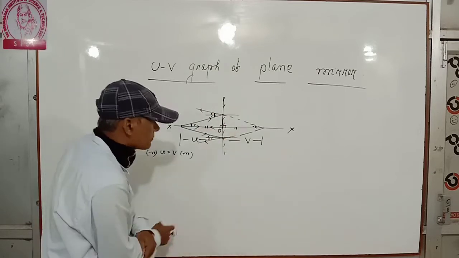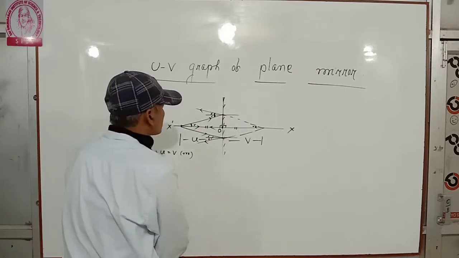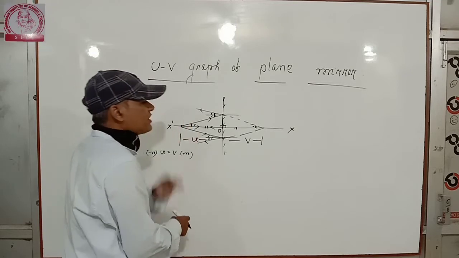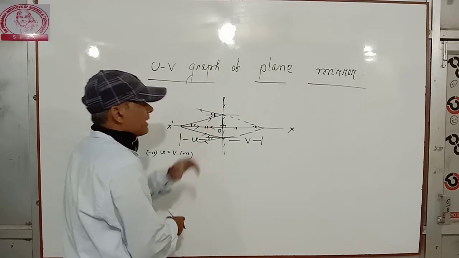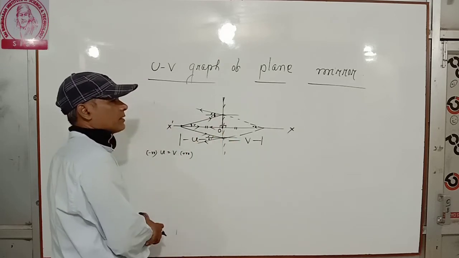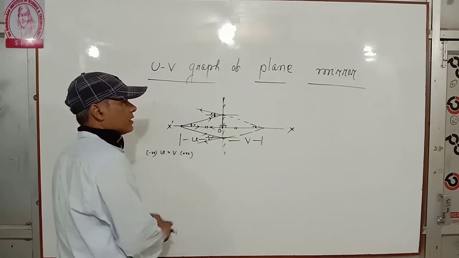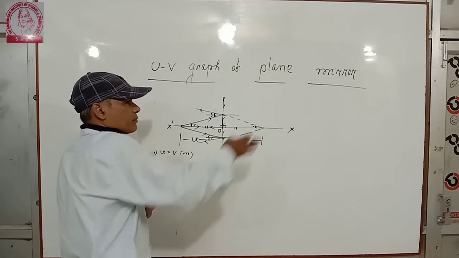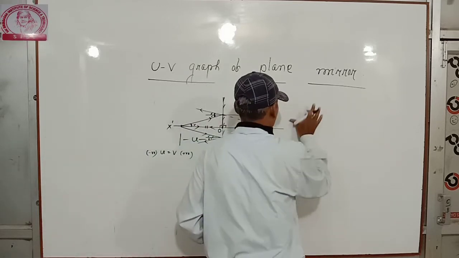Okay, now the reflecting surface of this plane mirror faces towards the right, towards the positive x-axis. Okay, draw another diagram.